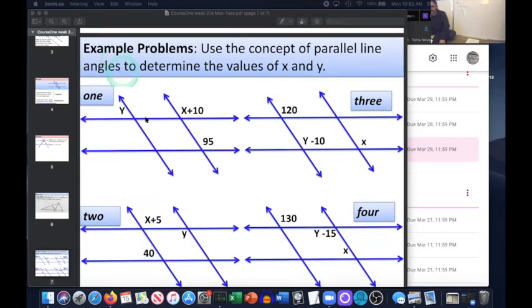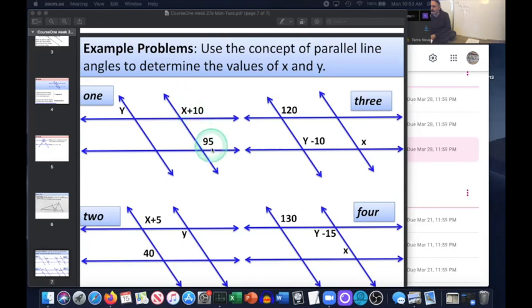Now I'll probably just do 1 and 2 with y'all and then verbally point out 3 and 4. Okay, now you can only compare angles that touch the same transversal. So for number 1, 95 and y cannot be compared. 95 and y are not connected to the same transversal.